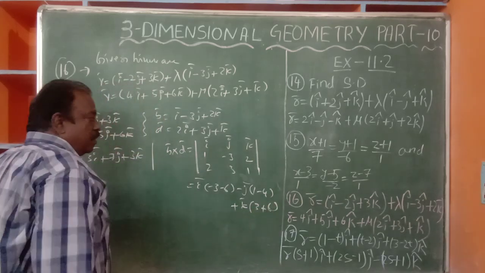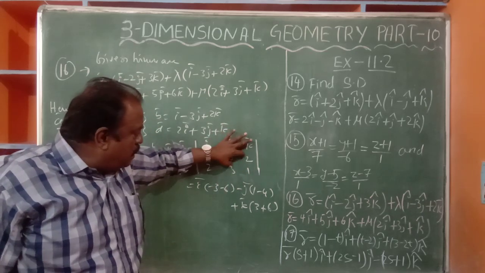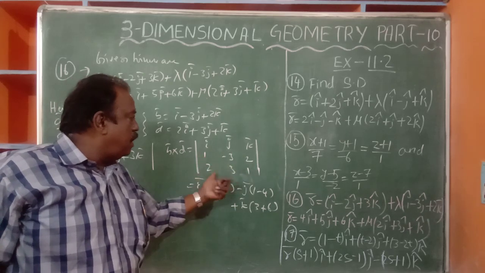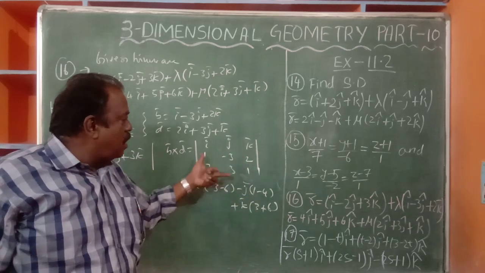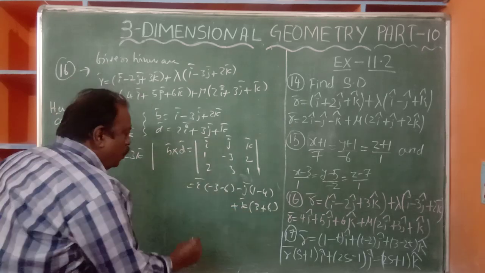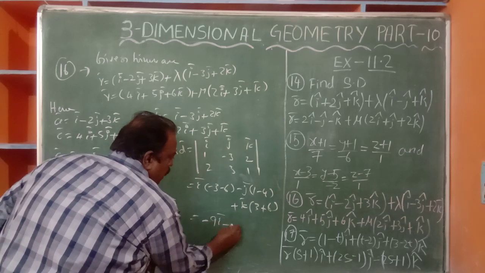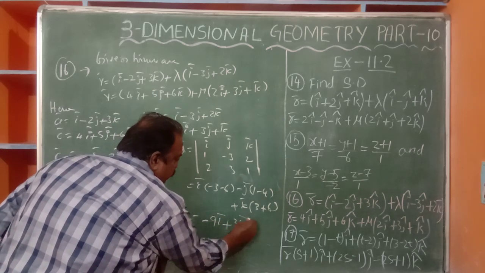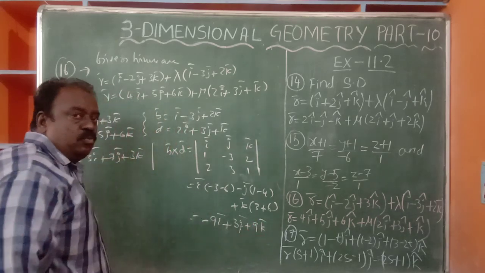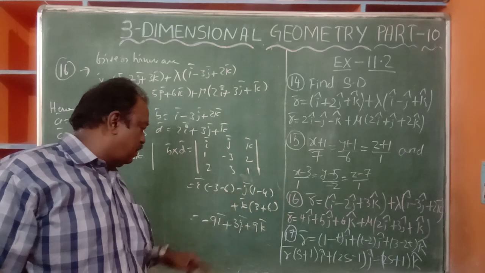Observe it, it is minus 3, it is minus 6. Minus j of 1 minus 4, plus k of 3 minus of minus 6, plus 6. So it is minus 9 i cap plus 3 j cap plus 9 k cap.